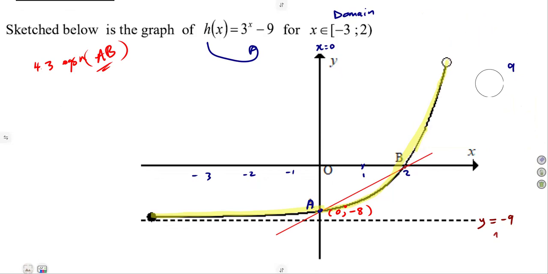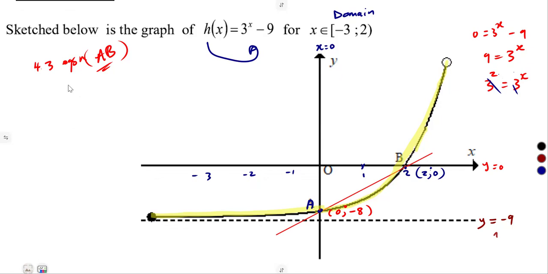Then we can also determine B. Already B is 2, where y is equal to 0. 0 is equal to 3^x minus 9, so 9 goes to the other side as a positive. 9 is equal to 3^x. So 3^2 equals 3^x. The bases are the same, so x is 2. So that is B as a point, (2; 0).